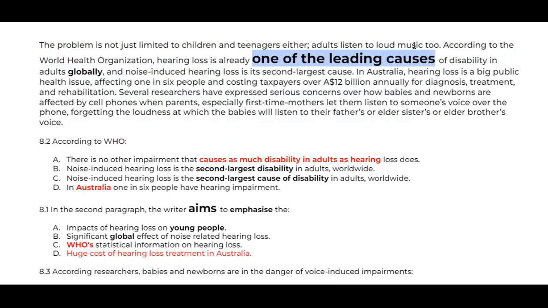Even that means there are others. Just look at your fingers. One of my fingers, it's not one of my finger. Whenever you see "one of the," it means out of three or five, this "one of the" comes. So for this reason, there is no other impairment that causes as much disability in adults as hearing loss.